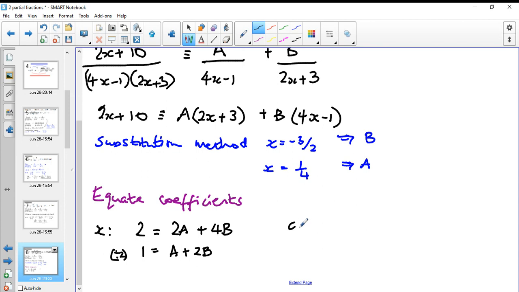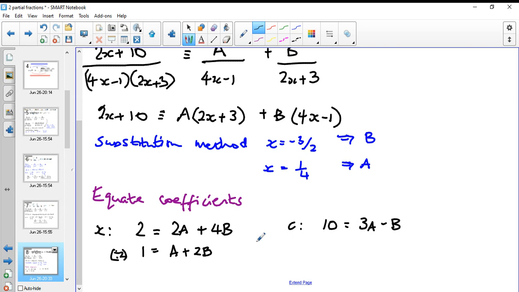Now if I equate the constants, well, on this side, there's 10. And on this side of the line, there is 3a, that's a constant, plus, or should I say, minus b.